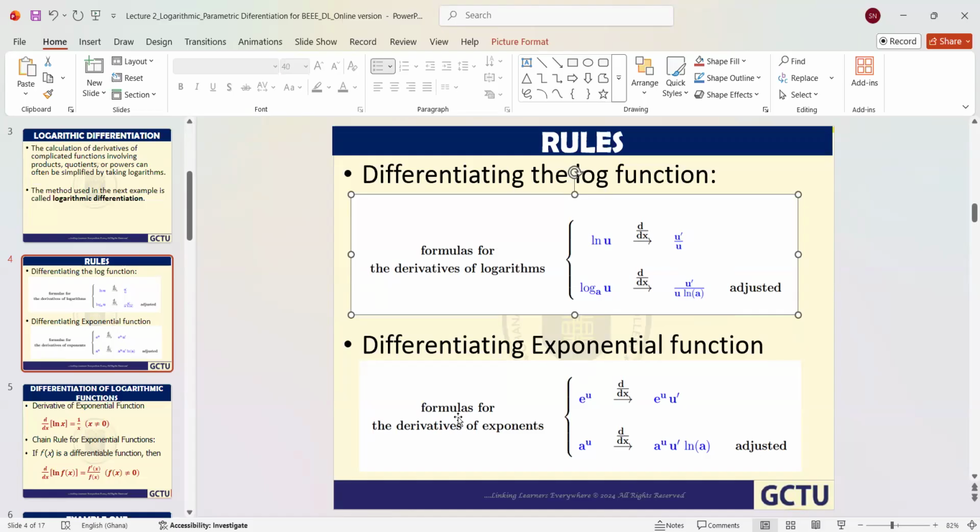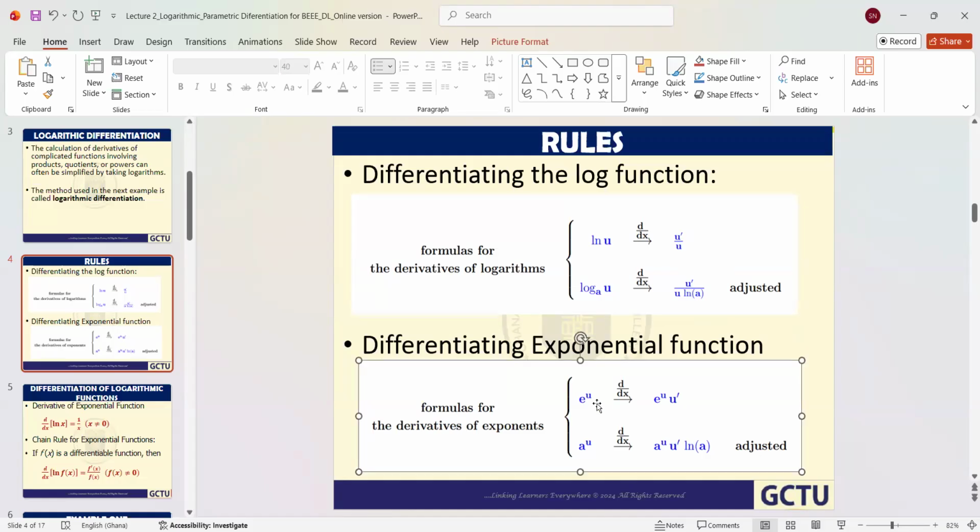If the function is an exponential function, e raised to the power u, then it's like the product rule. You differentiate the power, that is u prime, and then times the original function, so e raised to the power u times the derivative of u.